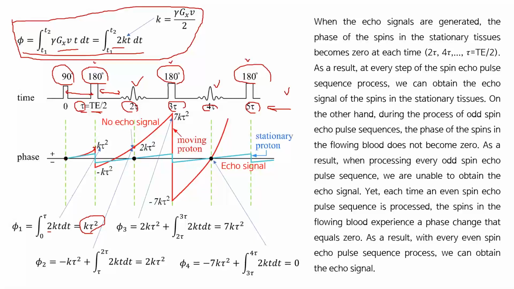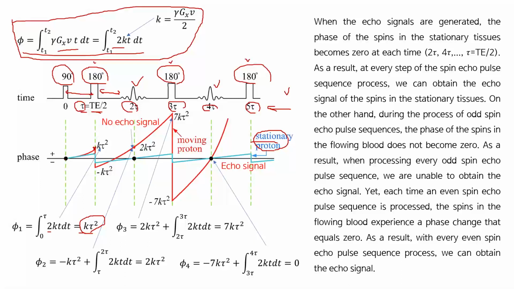So here the spins in the flowing blood have phase change k tau square at this moment, but stationary spins just depend on time, so this change is given here.